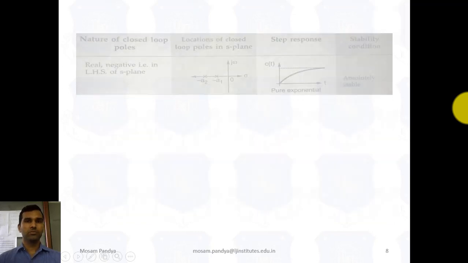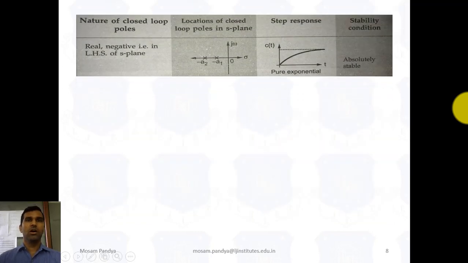Now by using this table we understand more about the stability of the system. The real nature of the closed loop pole, like a real negative pole, is in the left hand side of the s-plane.